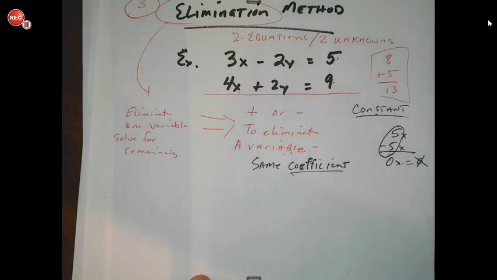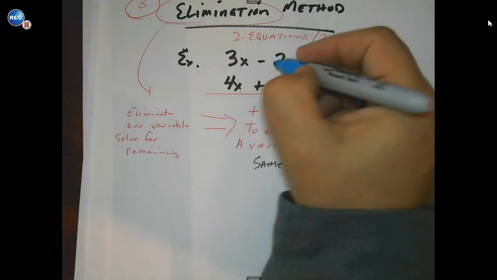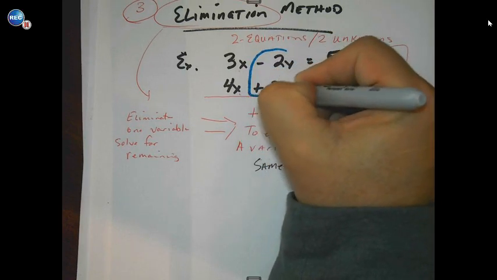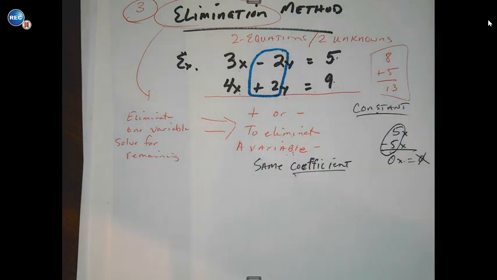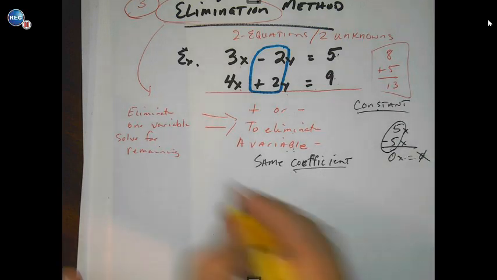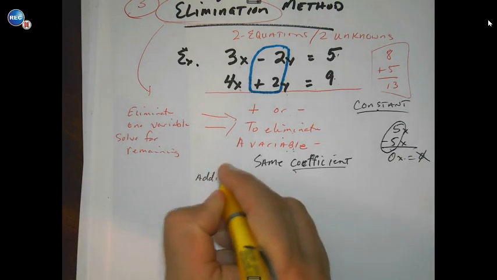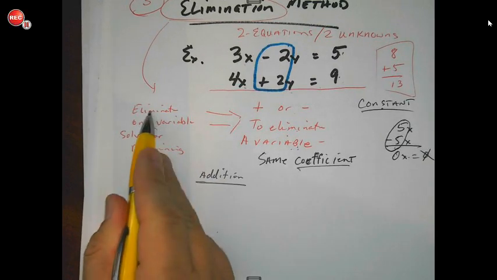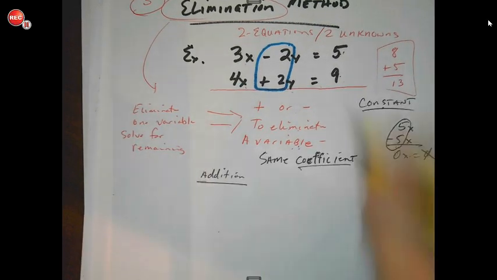If I take a quick look at this, it's pretty obvious that the same coefficient with opposite signs are right here, negative 2 and positive 2. And so we add, in this case. It's called addition for the elimination method. We're using the addition.